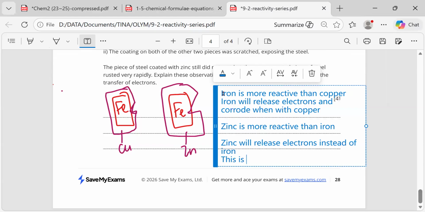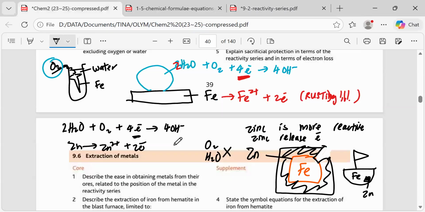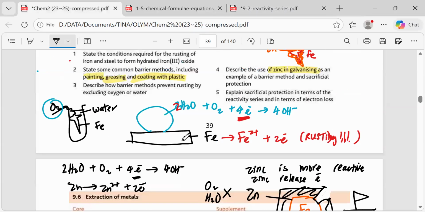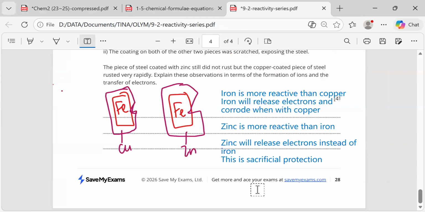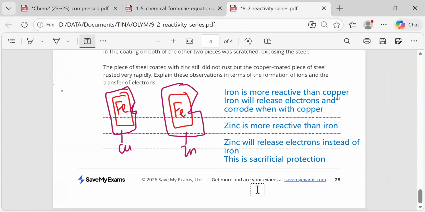This is sacrificial protection. Basically, when iron is with zinc, zinc says, take me, take me, take me. When iron is with copper, copper hides behind iron. Iron says, okay lah, I rust.